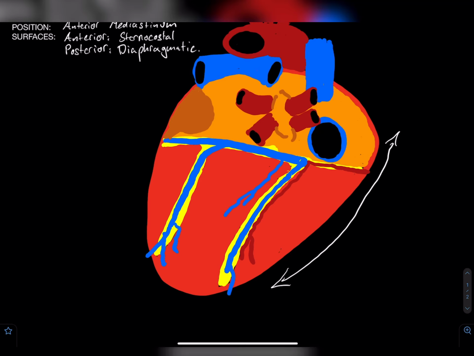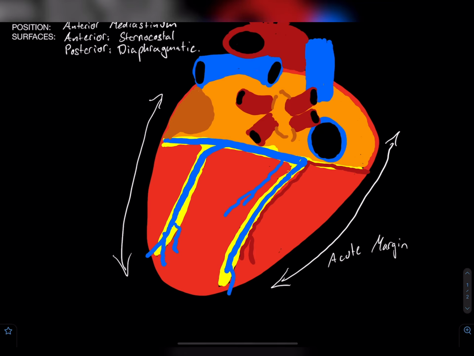Now we have the acute margin over here, and the obtuse margin over here. The apex is now on this side, and the base on this side.